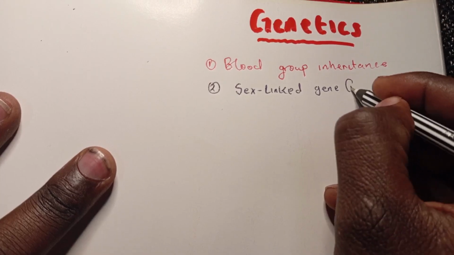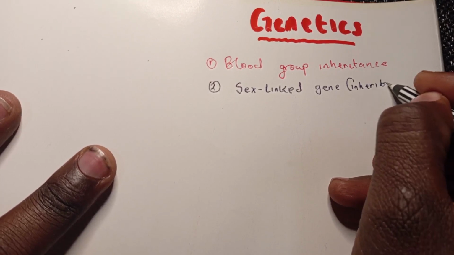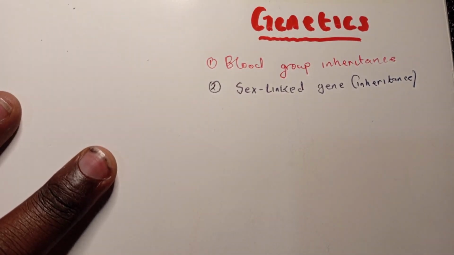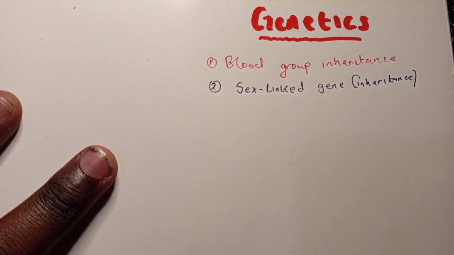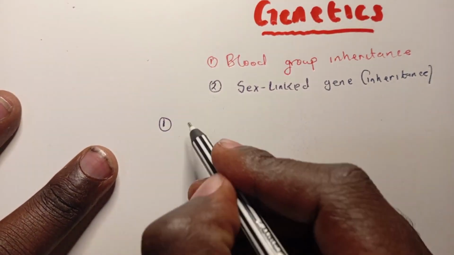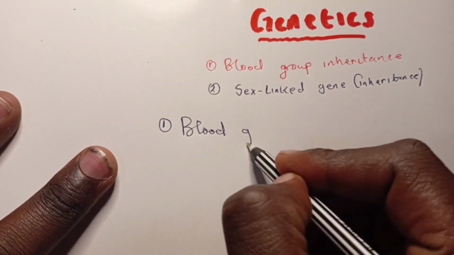We'll look at some diseases that are inherited due to the fact that they appear on the sex chromosomes. So we will start with the blood group inheritance. Okay, so we'll discuss blood group.